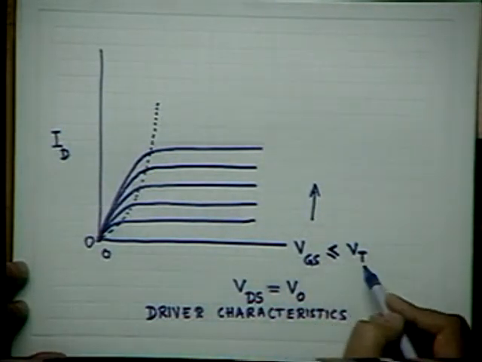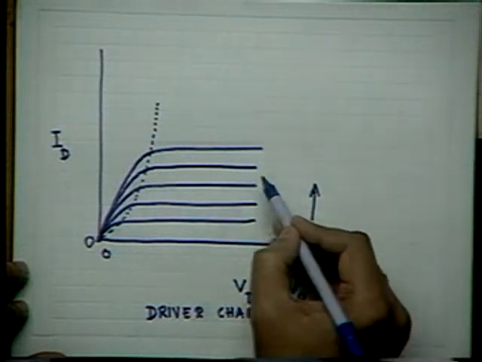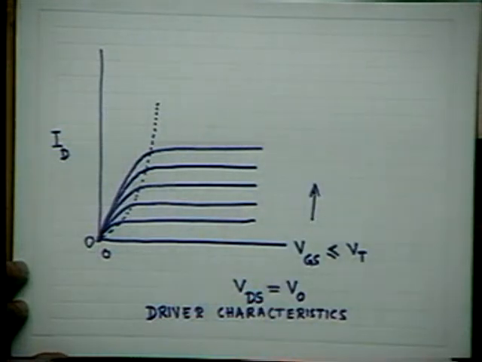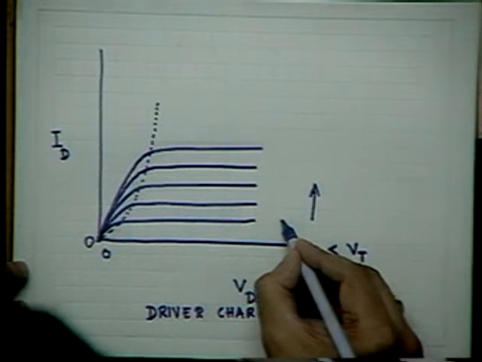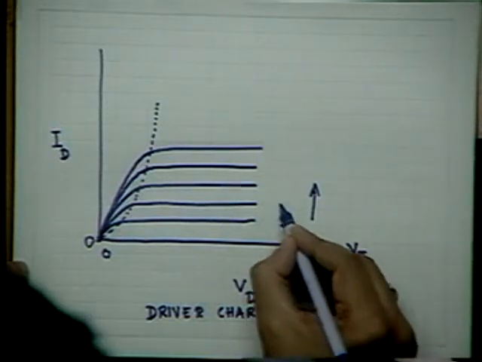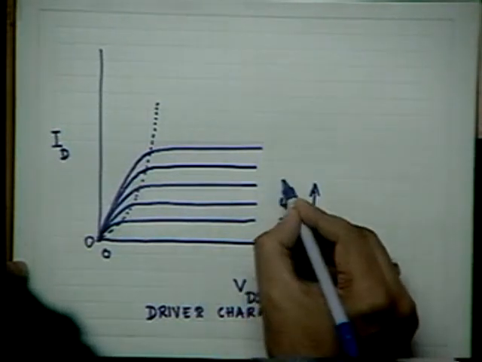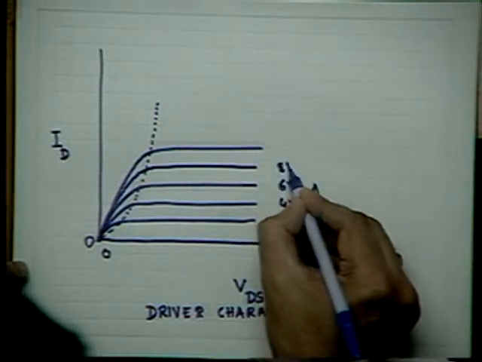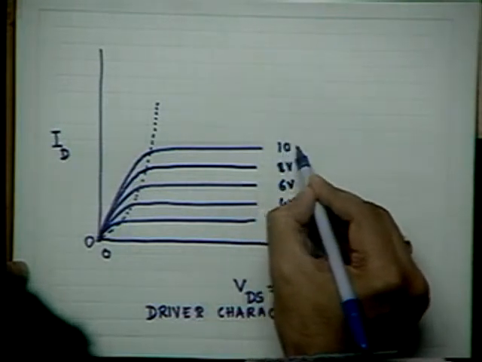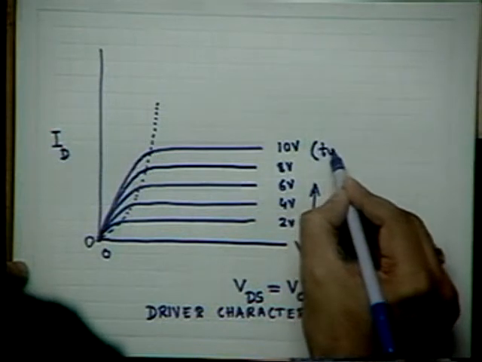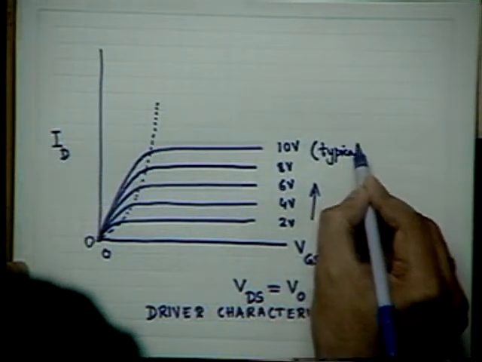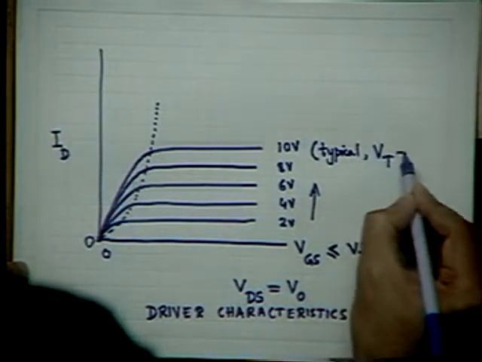Maybe if VT is 1 volt, then 2 volt, 3 volt, 4 volt, 5 volt, 6 volt, and so forth, typically. Therefore, it can easily be voltages like 2 volt, 4 volt, 6 volt, 8 volt, 10 volt, etc., typical, assuming VT is equal to 2 volt.